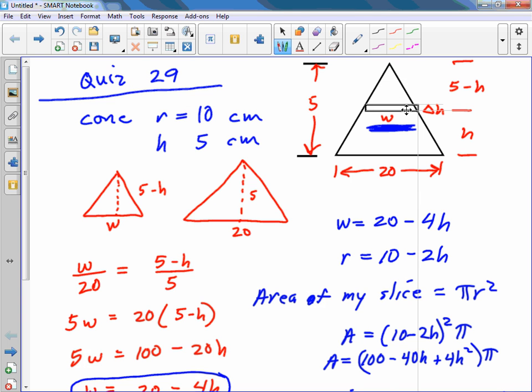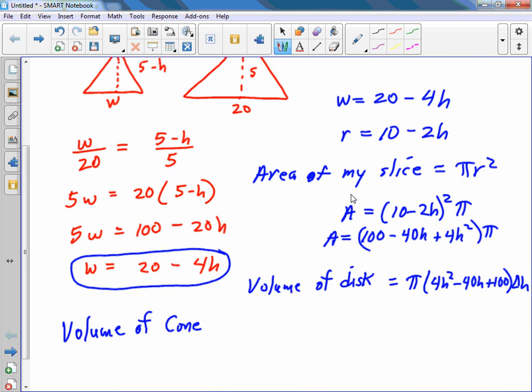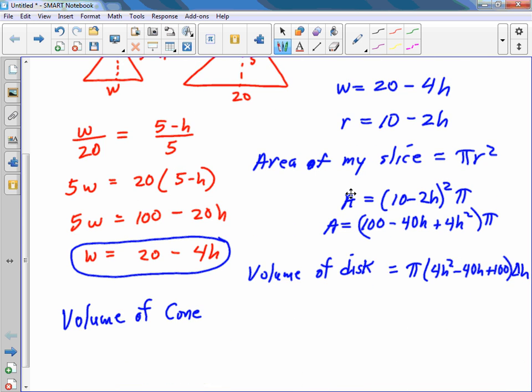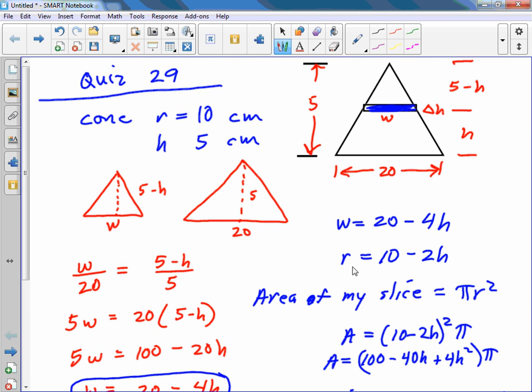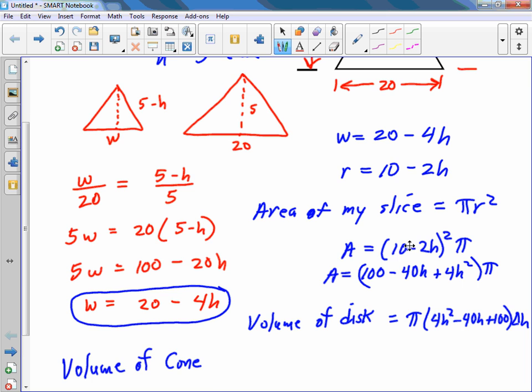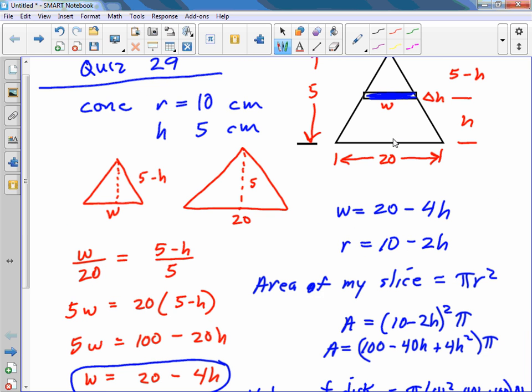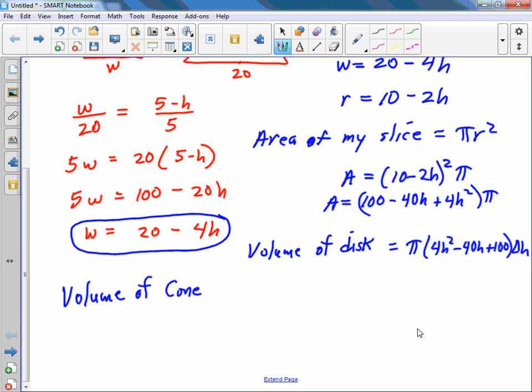Since we expressed the radius in terms of h, it will get smaller as I go up higher, which is pretty cool. It's in terms of 10 minus 2h, so the higher I get up here, it's going to get smaller. Okay, and that's an important concept.